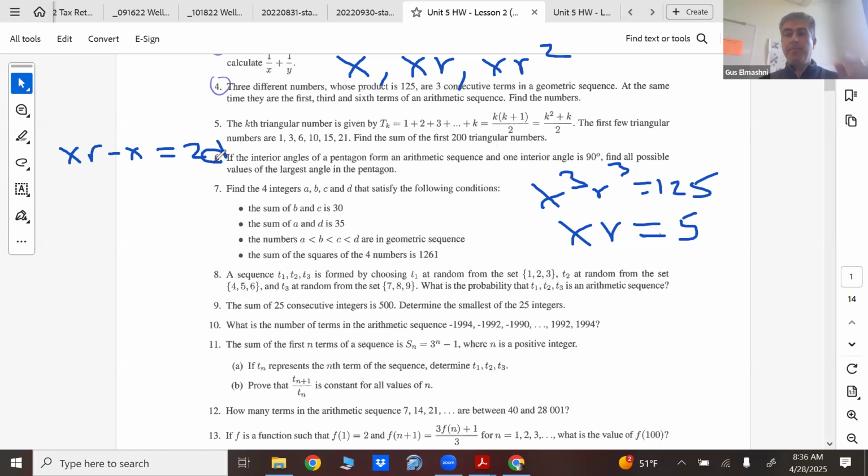And wouldn't you agree that xr squared minus xr would equal 3d? Because x was the first term, xr was the second term because you have to multiply by r, it was geometric, and then xr squared to get to the third term.